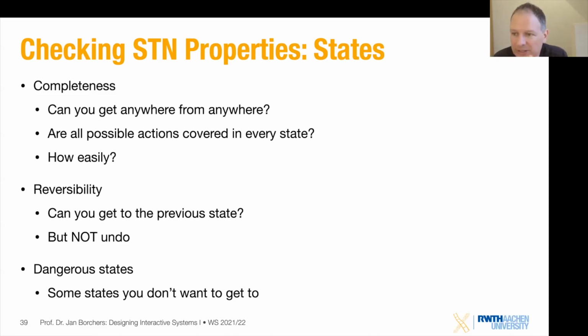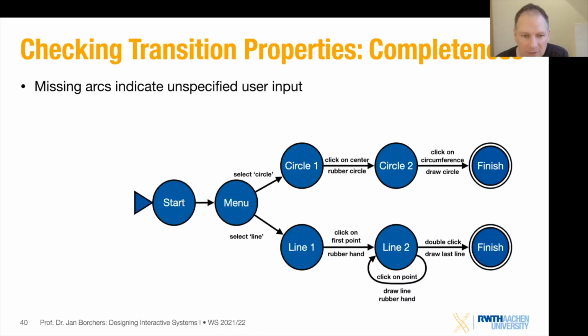I said we can check completeness, and that we can find out whether we maybe missed something where a user could do something in an interface that we haven't specified how to react to. Let's take a look at an example. We actually have an example in the very graphics application that we modeled here.